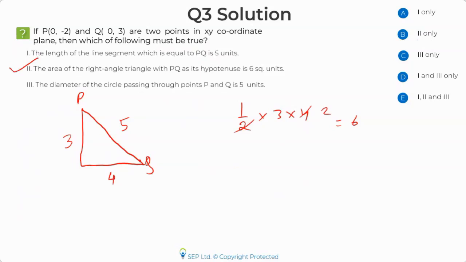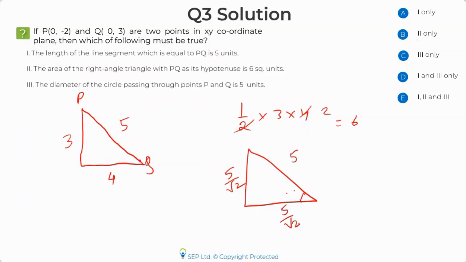What you have assumed here is that the sides need to be integral. There is nothing mentioned about the sides of the right angle triangle being integral. It only says that it is a right angle triangle. I can also have another right angle triangle with sides of 5 by root 2, where this angle will be 45 degrees.